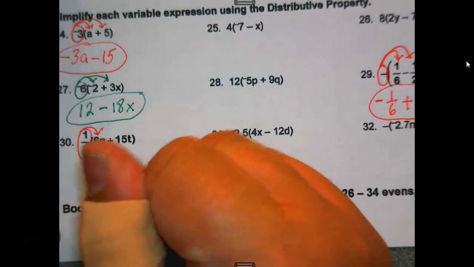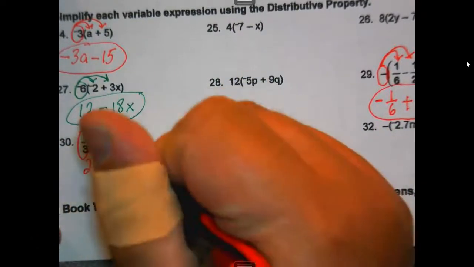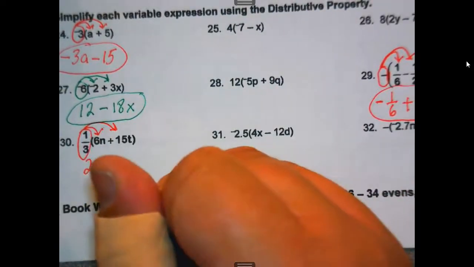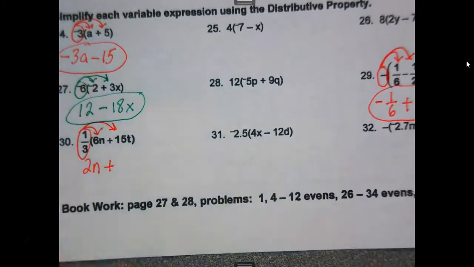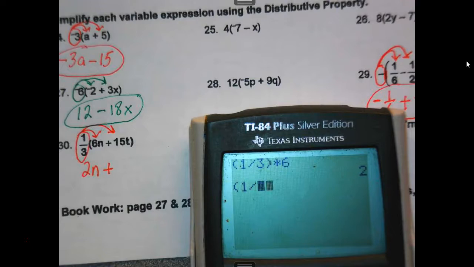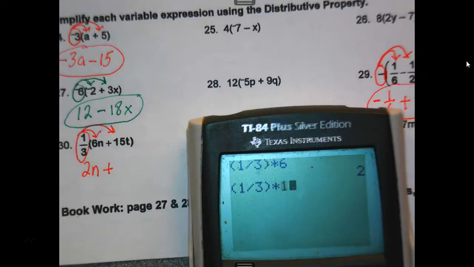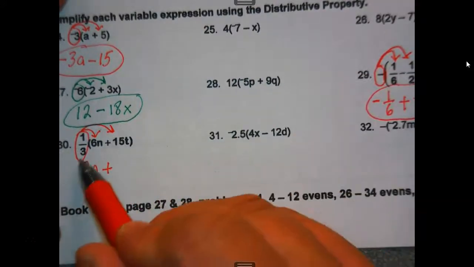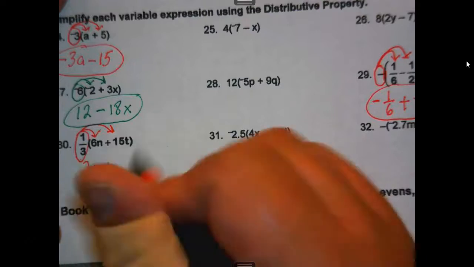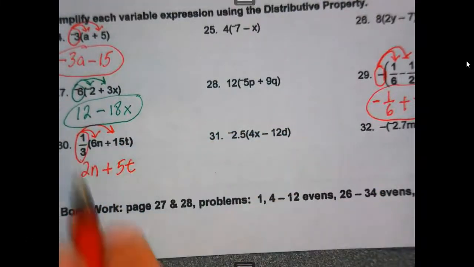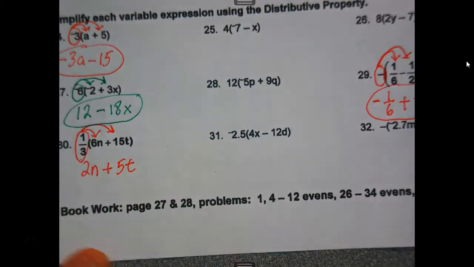Negative 2n, right? 1/3 times 15, 5t. How do you know that? 15 divided by 3 is fine. And you have a 1 in the numerator, so 1 times.